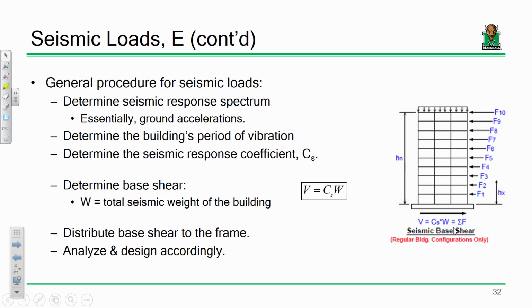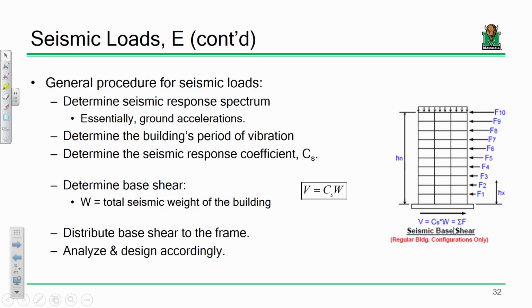So when you're trying to do seismic design, basically what you're trying to do is come up with equivalent loads. And those equivalent loads are basically going to be a function of the total weight of the building and what's called the seismic response coefficient. And that seismic response coefficient is really just a function of where the building is, the ground accelerations at that given location, and what's called the building's period of vibration.